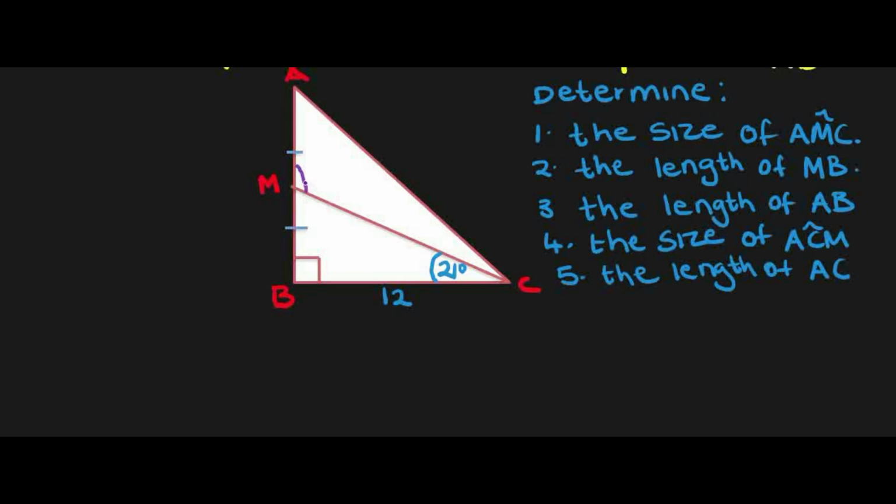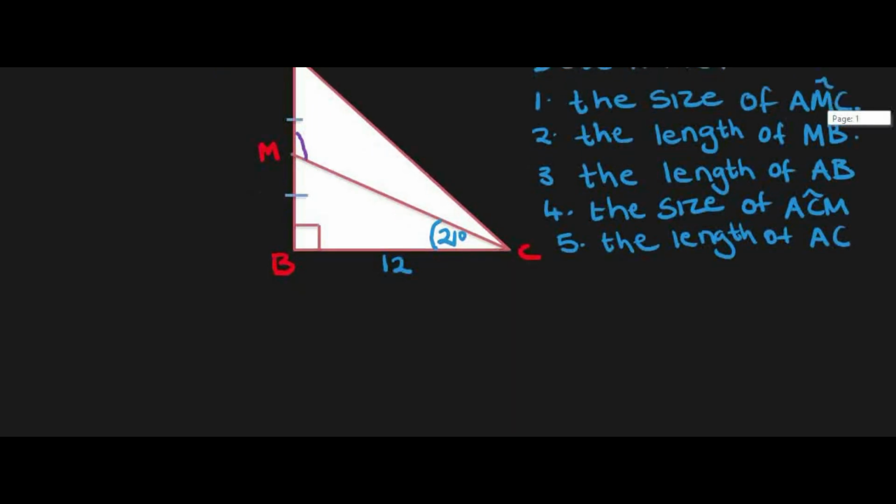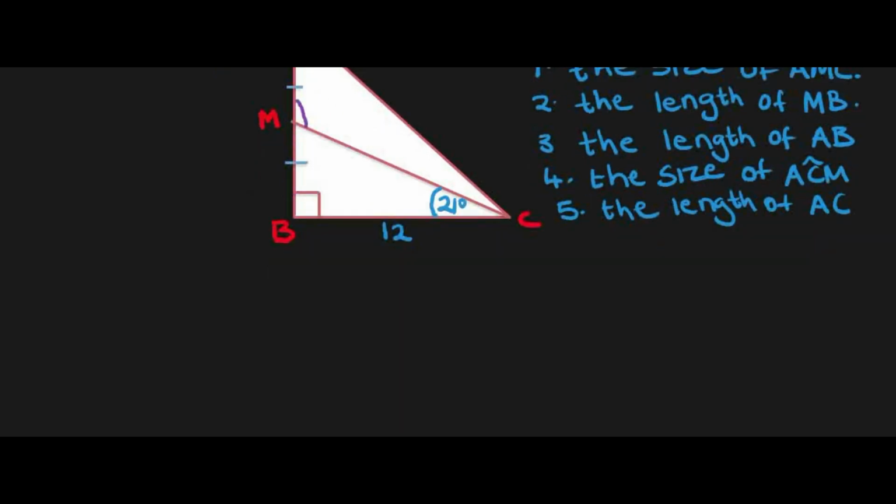The first method is that you can see that this angle AMC is the exterior angle of triangle BMC. This one is the exterior angle of this right-angled triangle. We know that the exterior angle of a triangle is equal to the sum of the two opposite interior angles of a triangle.